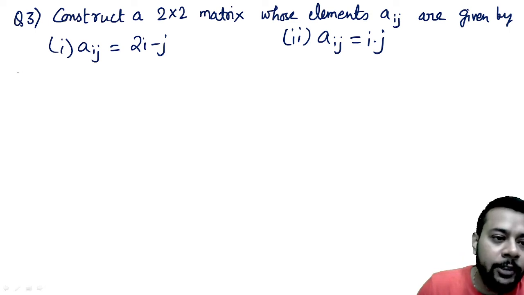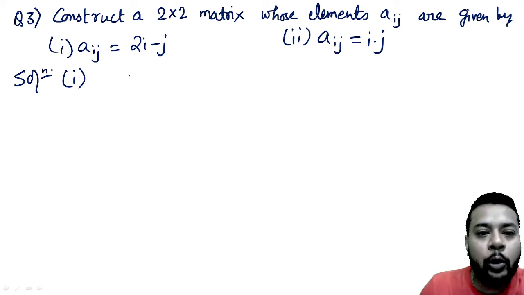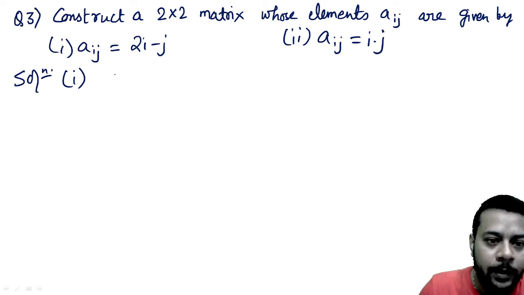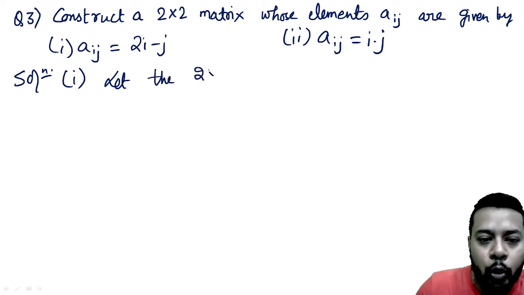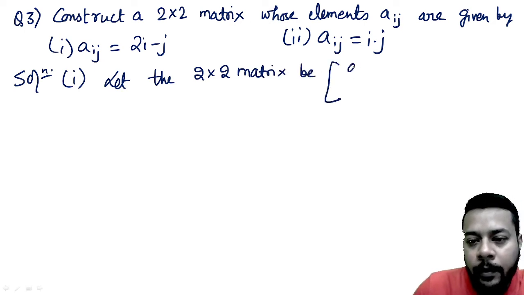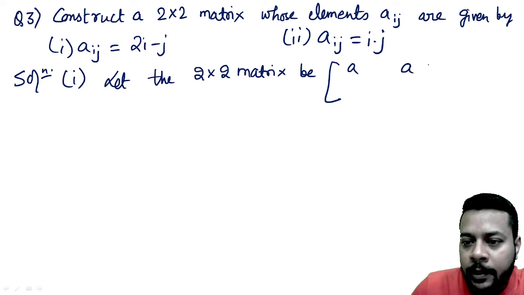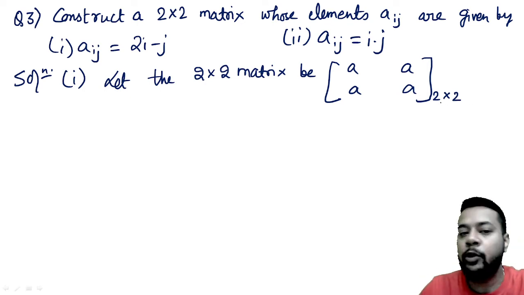So let's see the solution of the first subpart. First of all, what will a 2 by 2 matrix look like? Let the 2 by 2 matrix be in this way. There will be 4 elements in a 2 by 2 matrix, right? This is the order of the matrix, 2 by 2.